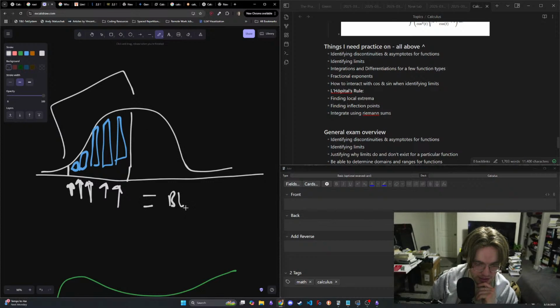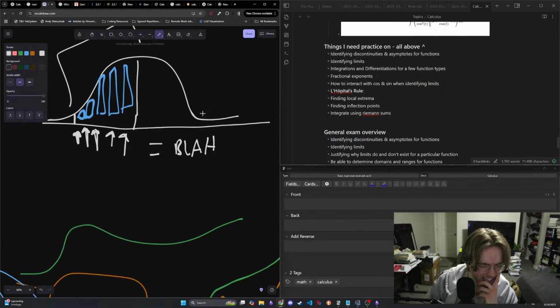And if you wanted a better approximation, you would just need to add more of these little boxes, because as you add more and more boxes, it becomes more and more correct.